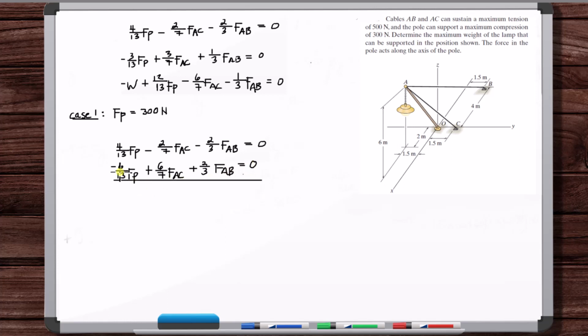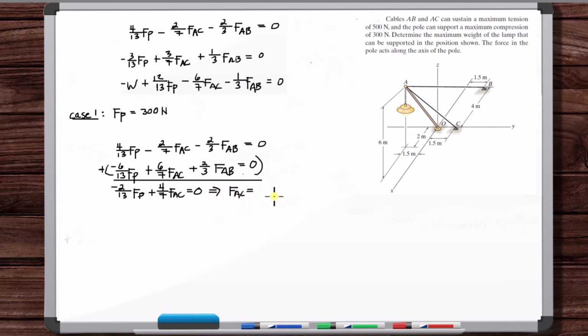All right, and now we just want to add these, not subtract, just add them. And we get 4 minus 6, so minus 2/13 FP, and then minus 2 plus 6, so plus 4/7 FAC, and then these 2 subtract to 0. All right, so now we've got FP, so let's solve for FAC.